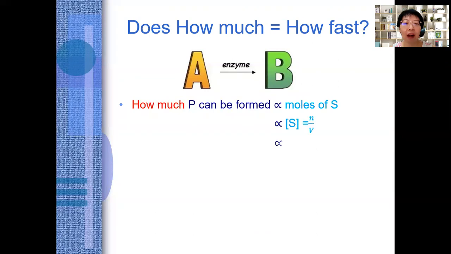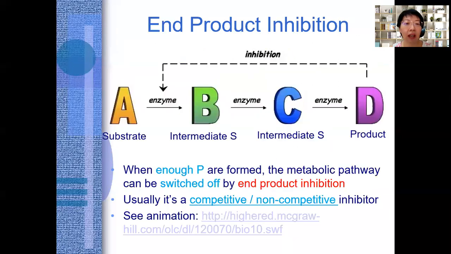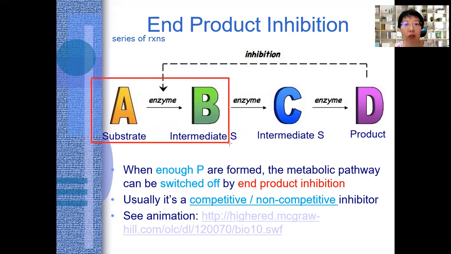So these are all the answers given just now. Okay, next move on. So you see in this series of reactions, why do I call it a series of reactions? Because a reaction is made up of the substrate converted to product.